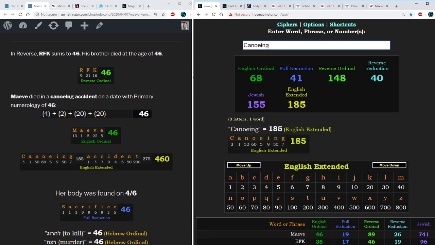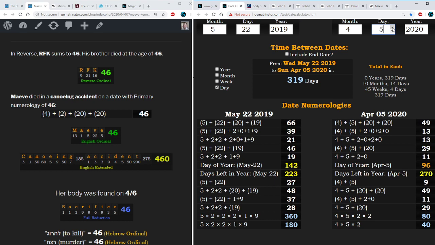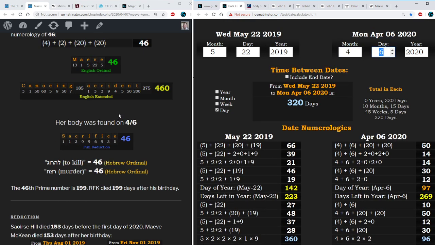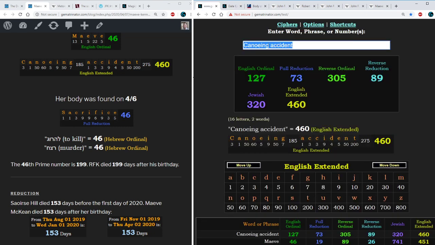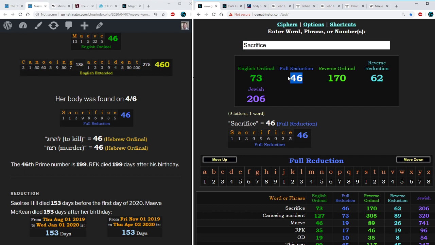In English gematria, canoeing accident equals 460. Her body was then found 4 days later on April 6th, the date written 4/6. 46, the reduction value of sacrifice. In Hebrew, kill and murder, 46.